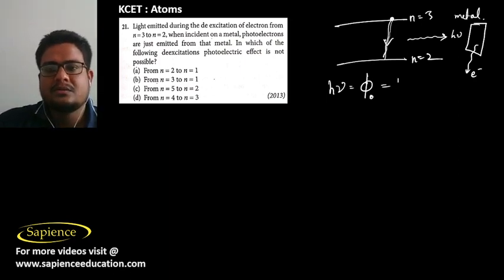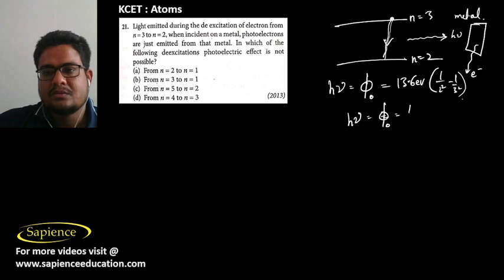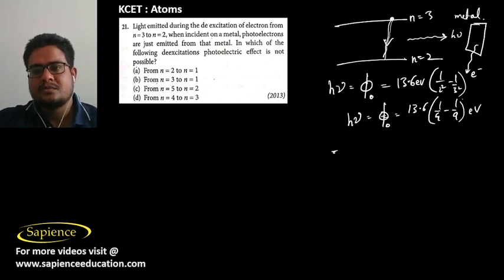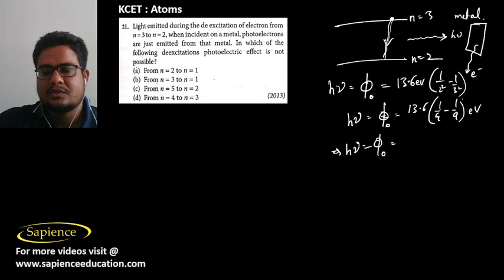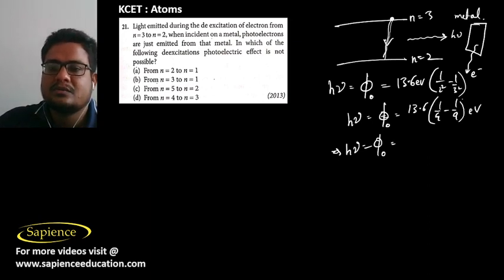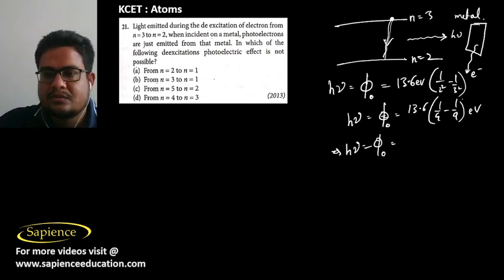That is equal to 13.6 electron volt into 1 by 2 square minus 1 by 3 square, which is h nu, equal to phi naught, equal to 13.6 into 1/4 minus 1/9. Therefore h nu, that is phi naught, is equal to 13.6 into (9 minus 4) by 36, that is 5 into 13.6 divided by 36.